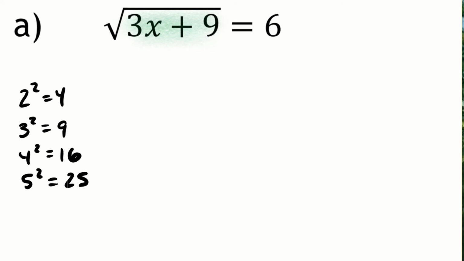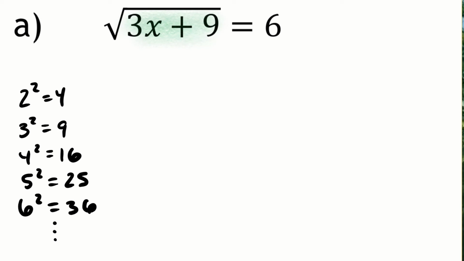And 6 squared is the number 36. So this pattern continues. And I can see here a bridge between perfect squares and square roots, right?